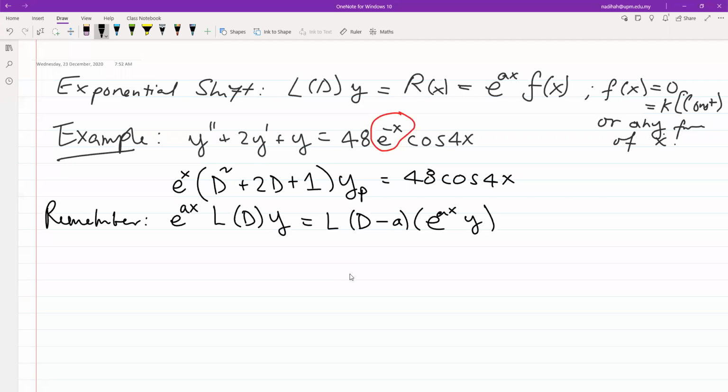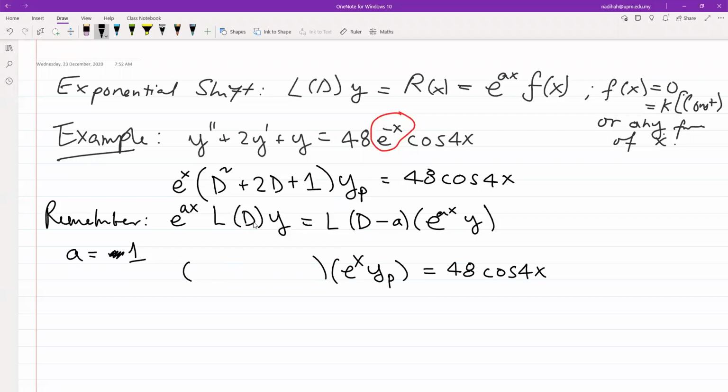In this case, a is 1. So we move e to the x to the right hand side, and this is e to the x times y particular equals 48 cosine 4x.